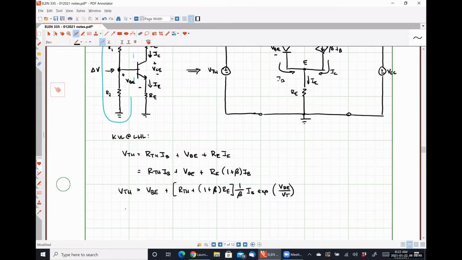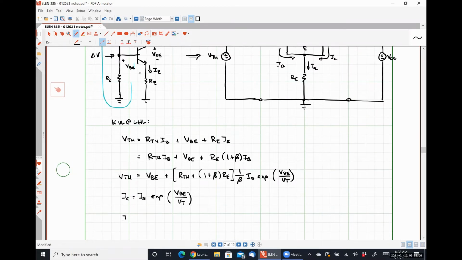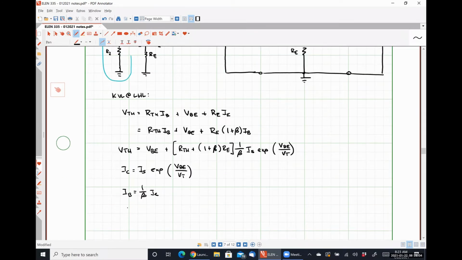So just to be clear, IC is IS EXP VBE over VT. IB is 1 over beta IC. My emitter current, IE, is IB plus IC.